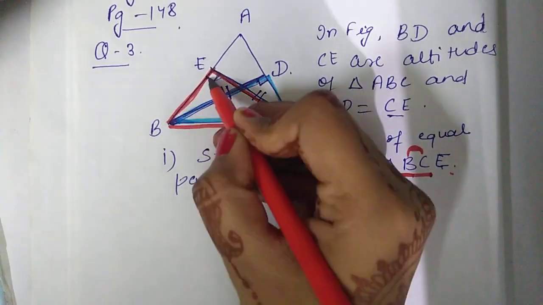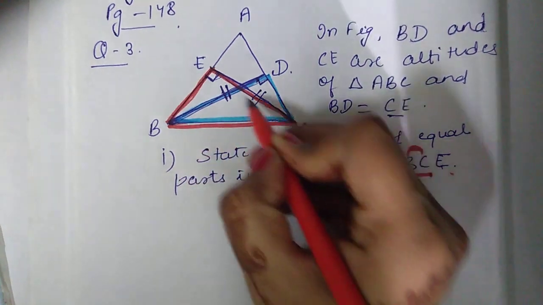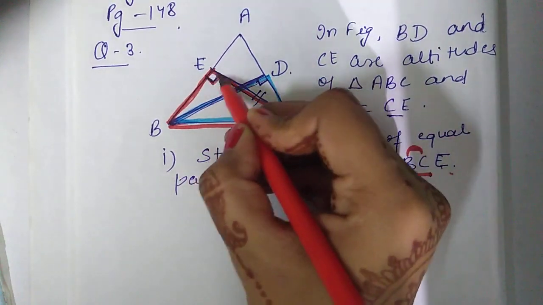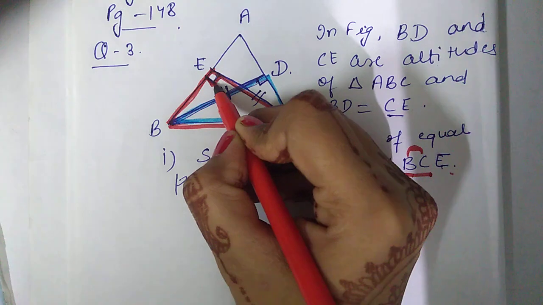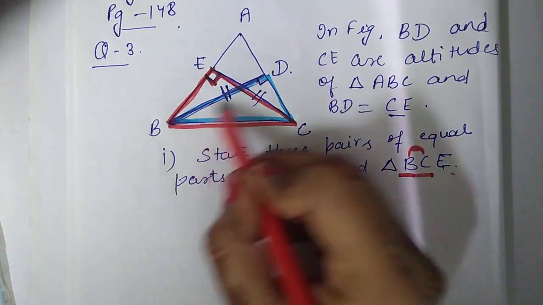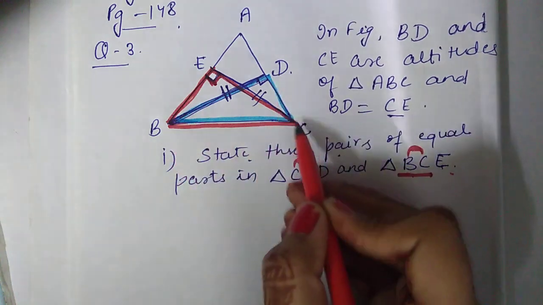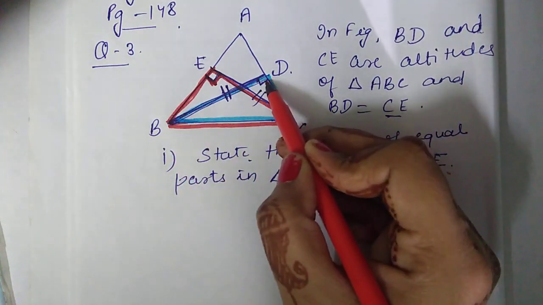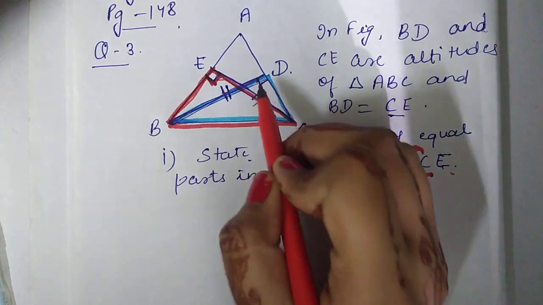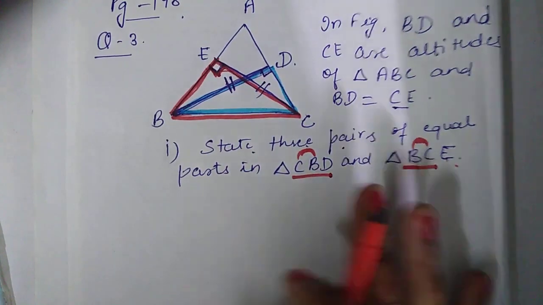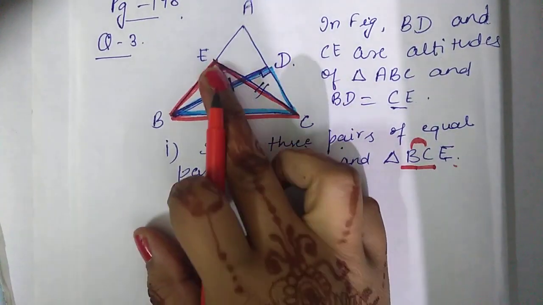In this triangle which I have drawn with red color, angle E is 90 degrees, and in this triangle which is drawn with blue color, BDC, this angle is 90. So one more part we have found. This is also equal, right angle.